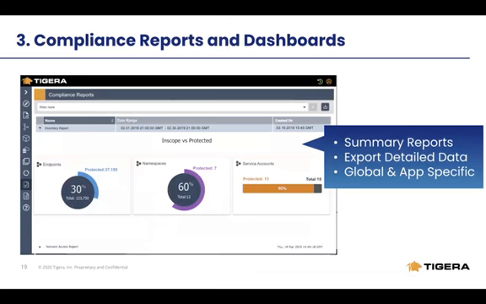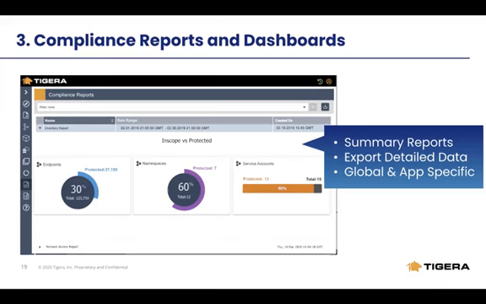Third, compliance is really critical. Compliance reporting and dashboarding. If you are in a regulated industry, and of course you're providing either type 1 or type 2 multi-tenancy, you need to make sure that you have a summary of useful data when it comes to compliance: how many namespaces are protected, and if there's any violation of the policies.